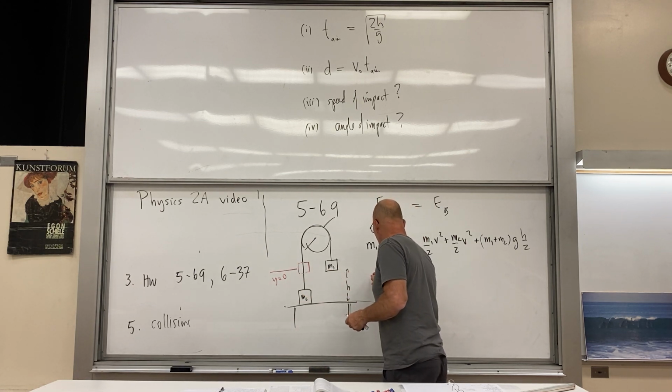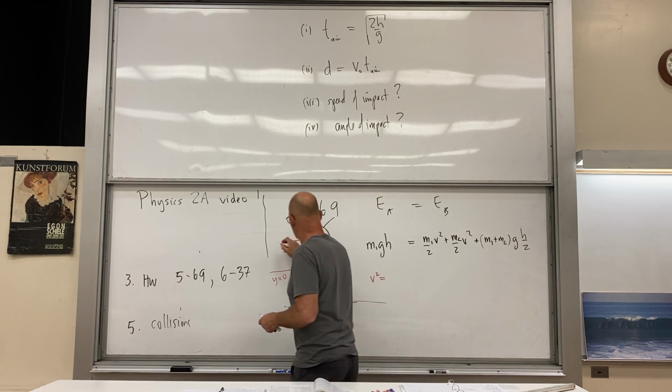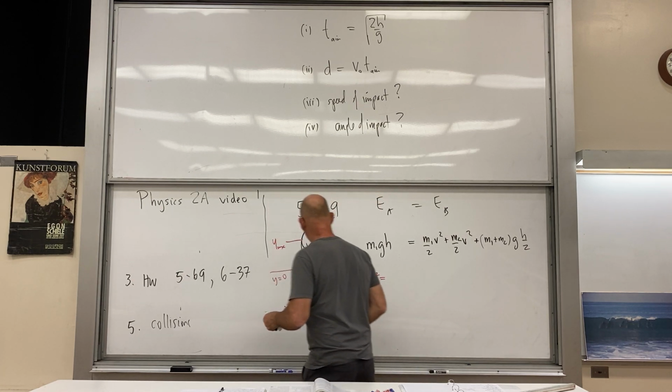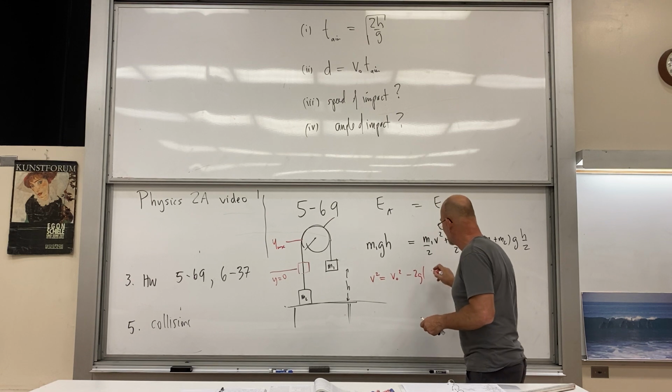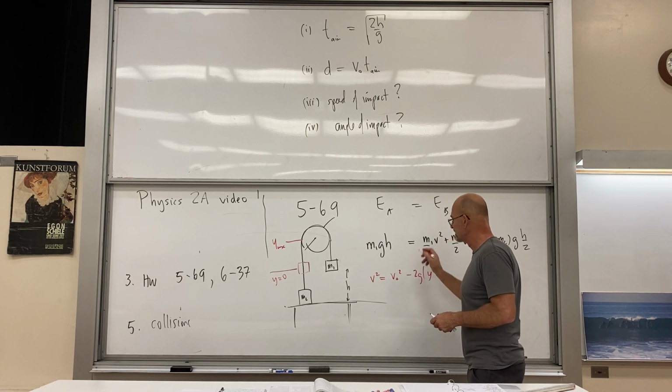So you're going to have v squared equals v0 squared minus 2g y max, where y max is how high it goes.